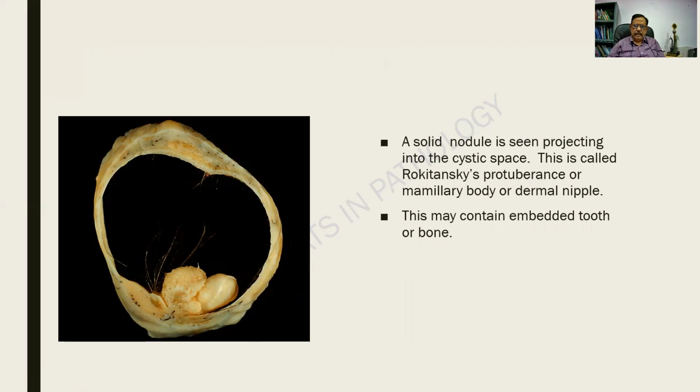All are the same. The importance of this particular region is it can contain an embedded tooth or fragments of bone, etc., to make the diagnosis confirmed. So large cystic area and then Rokitansky's protuberance.